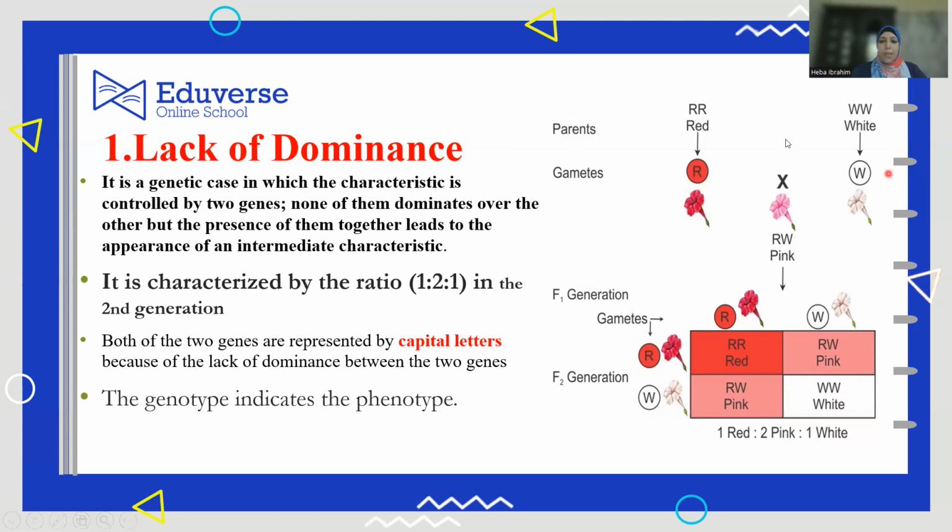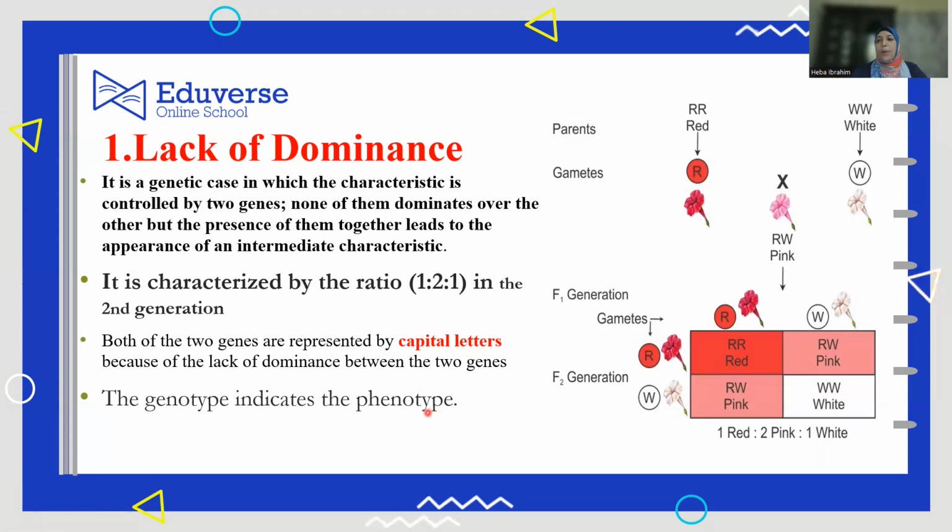When these 2 traits are crossed together, the product is a new trait. Both of the 2 genes are represented by capital letters, as I said, because of the lack of dominance between these 2 genes. Now, you have to concentrate on this point: in the case of lack of dominance, genotype indicates the phenotype.